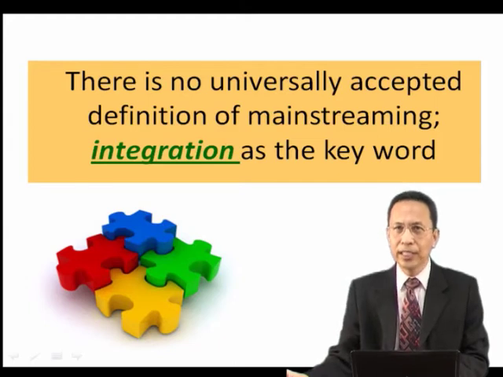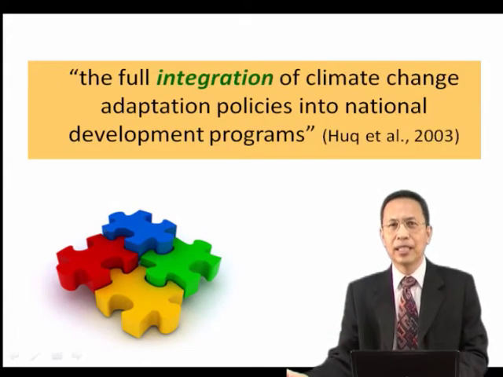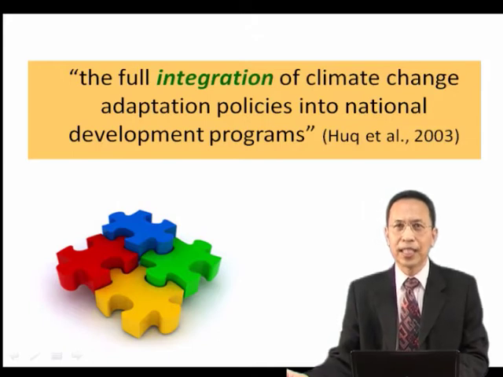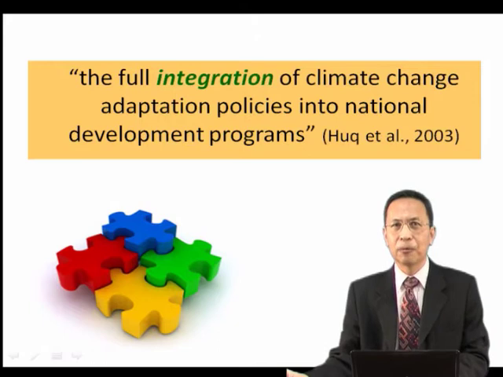Now, there is no universally accepted definition of mainstreaming, but note that the key word is integration. And now I'd like to show you some of the definitions that have been forwarded. First, mainstreaming refers to the full integration of climate change adaptation policies into national development programs.